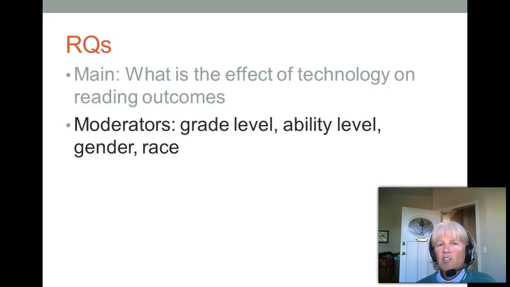For example, boys might benefit more from a certain program than girls, or members of a certain ethnic group might benefit more than members of another ethnic group. So if there's a differential effect of the treatment or program on the outcome, that differential effect that they're examining would be called a moderator.